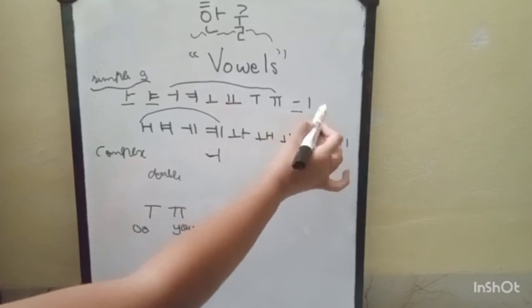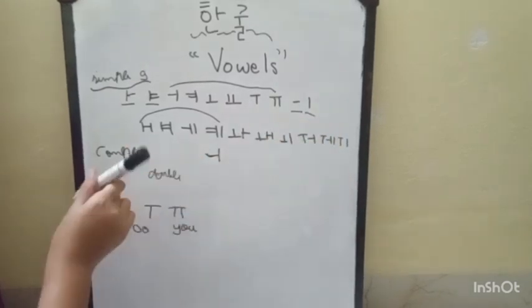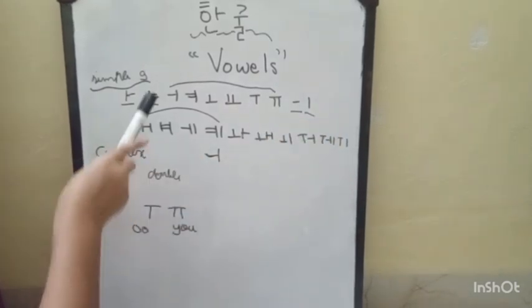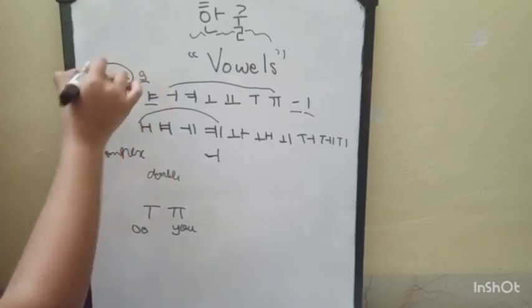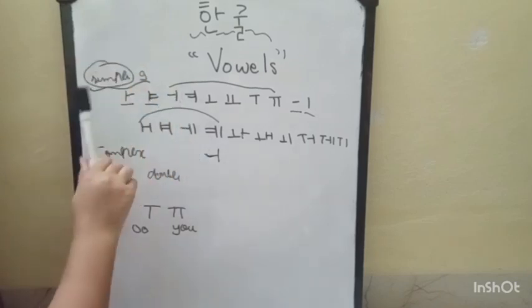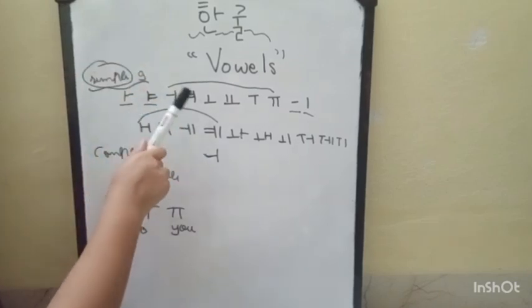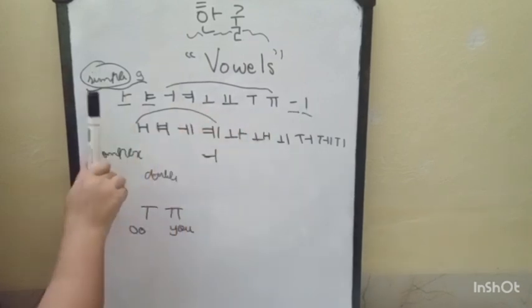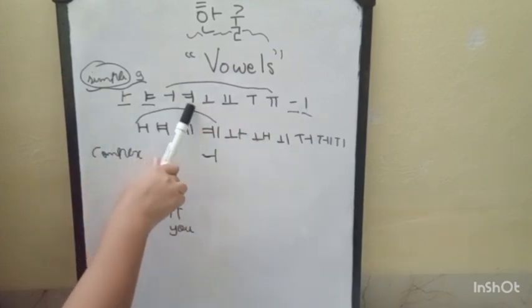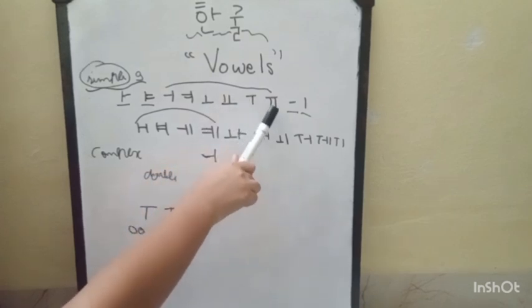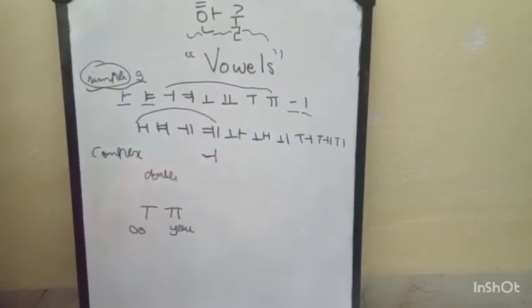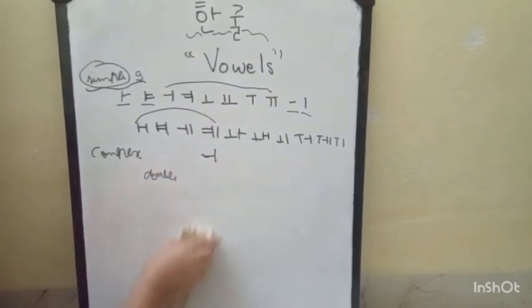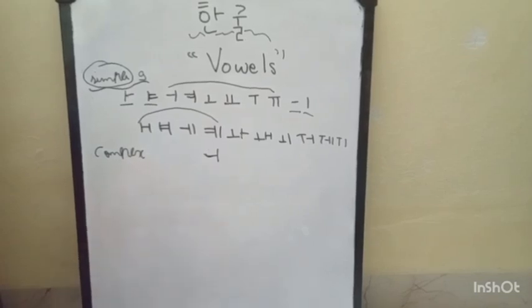Then this is E. Okay? So I don't think there is any confusion with the simple vowels. So let us just revise them again. A, Ya, O, Yo, U, Yu, E. Now the compound vowels.